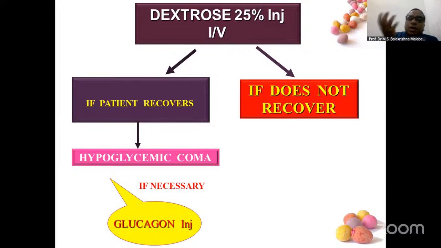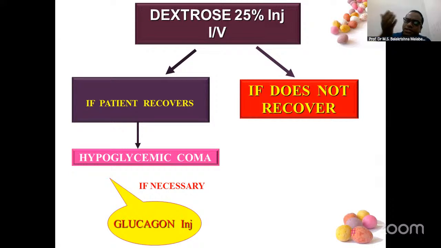You gave carbohydrate, you gave the food, so the patient recovered. So it's very simple. Give dextrose injection, patient recovers, it is hypoglycemic, and in hypoglycemic conditions, if necessary, you can give glucagon injection. So it's very clear where you have to give glucagon: in hypoglycemia.